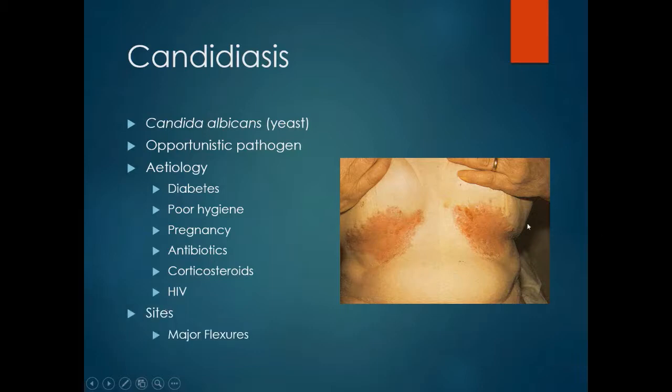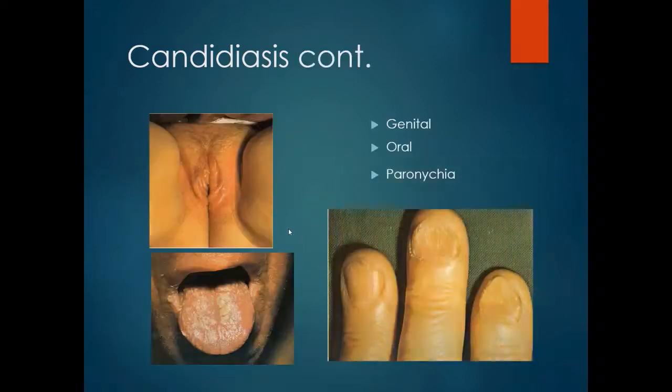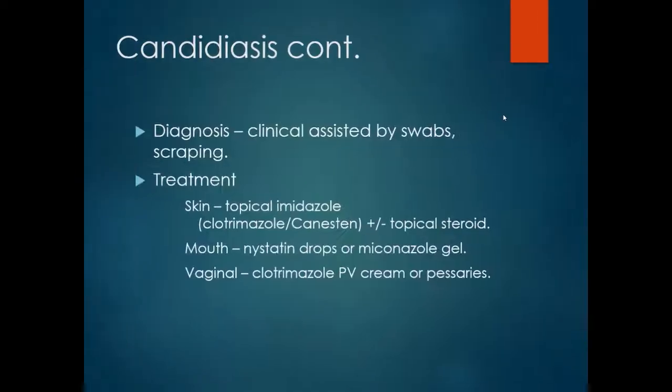Sites: major flexures, plus also on the tongue and mouth, genitals, and it can also affect the nails. The diagnosis can be assisted through taking swabs of mucous membranes, taking scrapings of skin, but generally it is a clinical diagnosis.